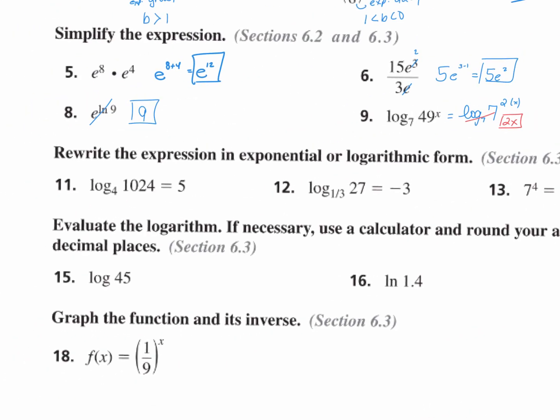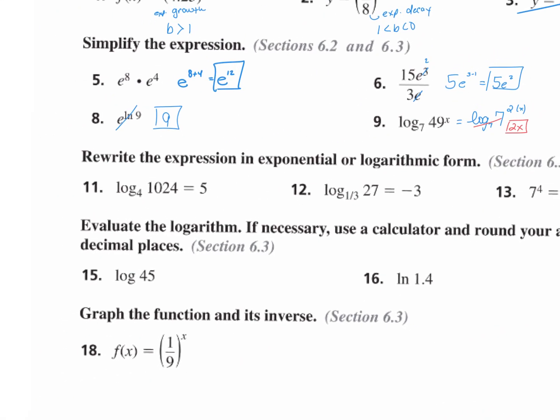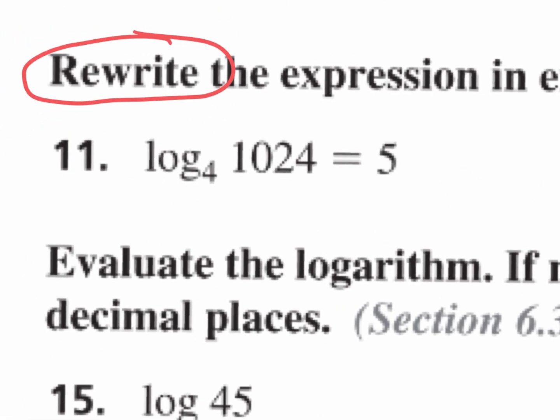All right, now here is a prime example, guys. They're not asking, you already can see the answer. They're telling you that log 4 of 1024 equals 5. The question is to rewrite it. Sometimes it's going to say to go from this form to this form, and that one not. You have to make sure you understand what form you are starting off in. Log. So then you're going to exponential. Good.